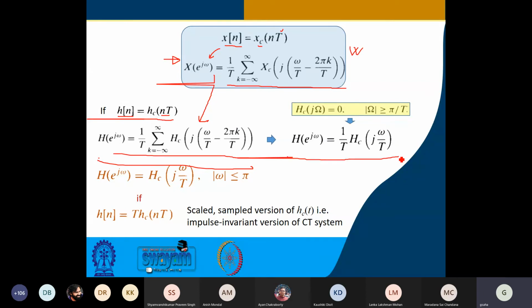So H(e^jω) is nothing but (1/T) H_c(jω/T), and the other values are not considered. So H(e^jω) is H_c(jω/T) within the range |ω| less than π.